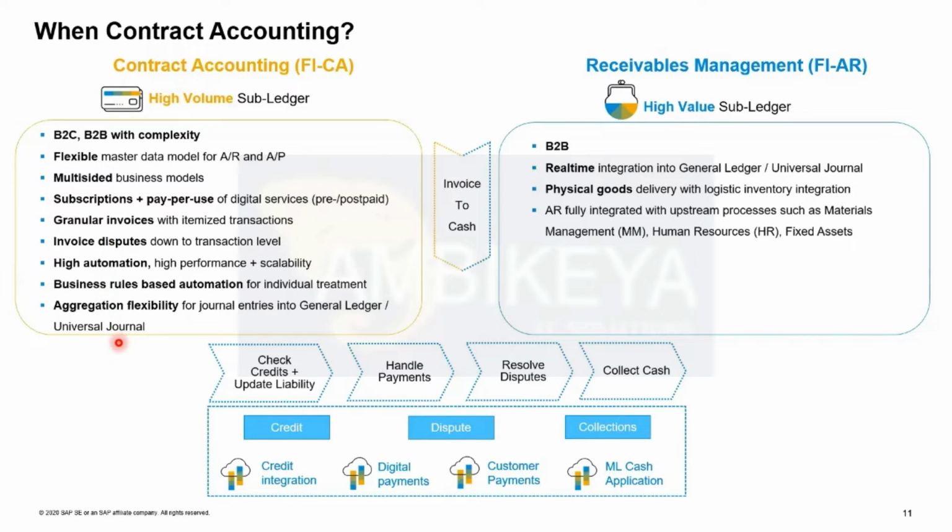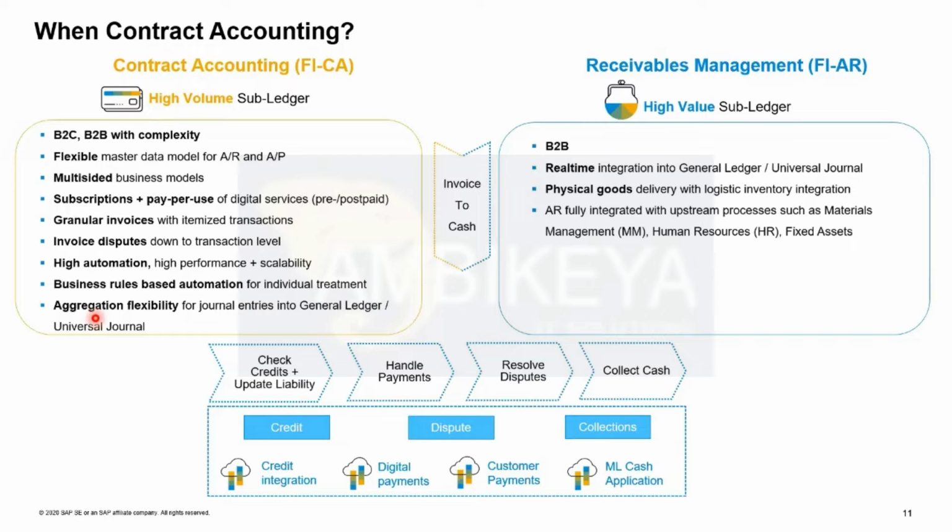for the specific capabilities in contract accounting. So the invoices we can create with our convergent invoicing component that posts into FICA. We can deal with the invoices for subscriptions and usage, so pay-per-use for digital services, cloud usage, any content across various industries, either prepaid or postpaid.